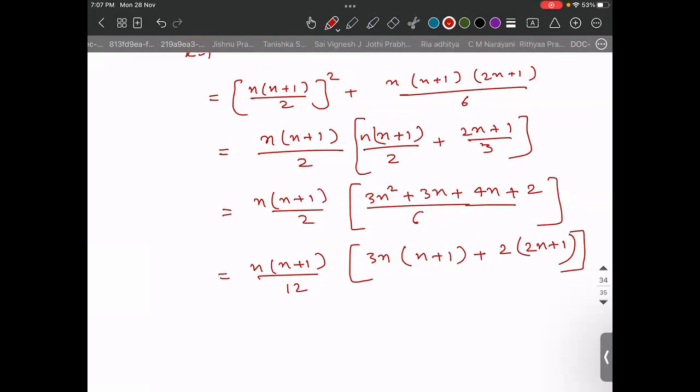Oh, okay, sorry. I got it. First, let me write like this. 3n. Write down, Nidhi. Got it? Can we write like this?